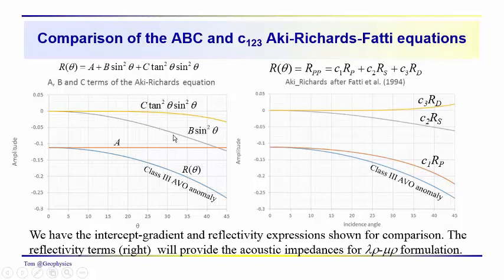But an important point to emphasize again is that when we stack these traces together, we're going to see a negative reflection coefficient somewhere in this intermediate range, depending upon the range of offsets that we have in our stack. The intercept, again, is just a constant value that corresponds to the 0 offset reflection coefficient.